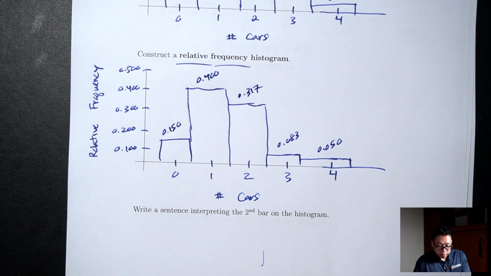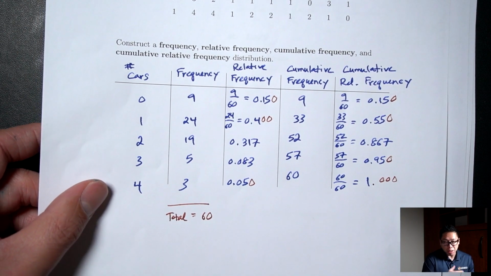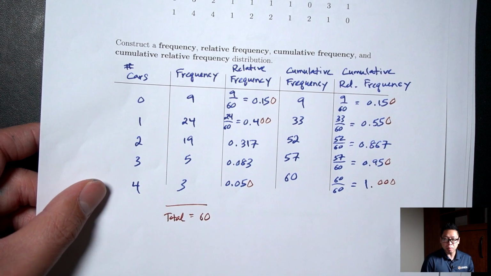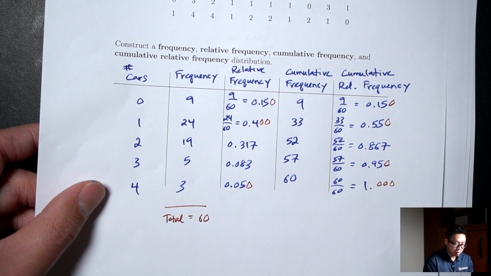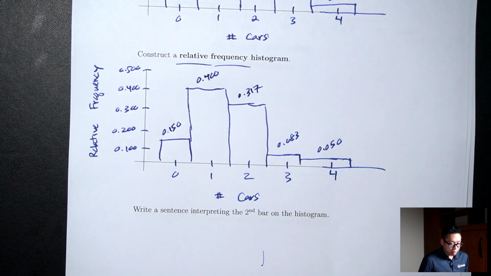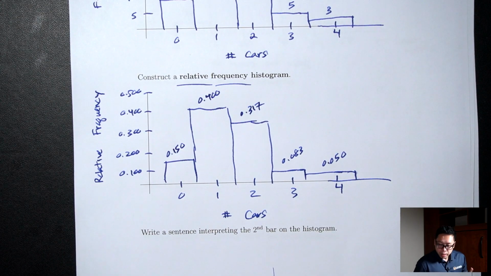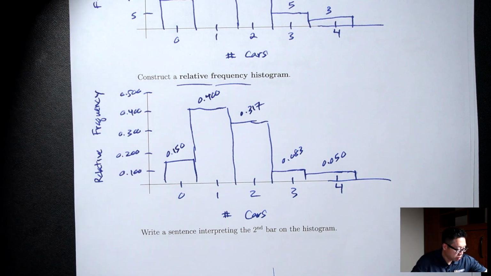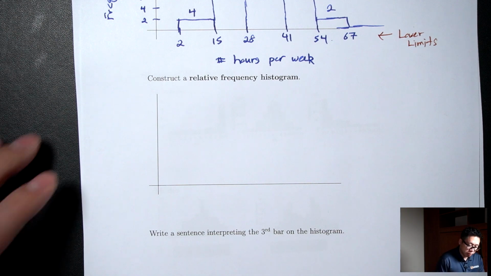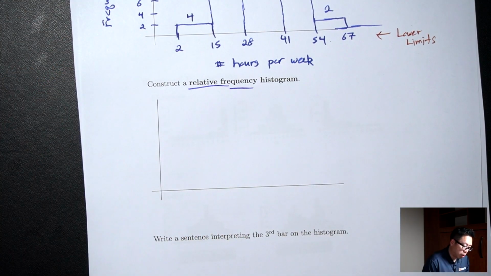So once again, if you end up with decimals where you don't have to round, my recommendation is add on zeros so that every decimal has the same number of decimal places. In this case, every decimal has three decimal places. It's going to help you compare and graph. Now, let's go to situation 2 and make a relative frequency histogram for this one. So I'm going to put relative frequency on the y-axis.